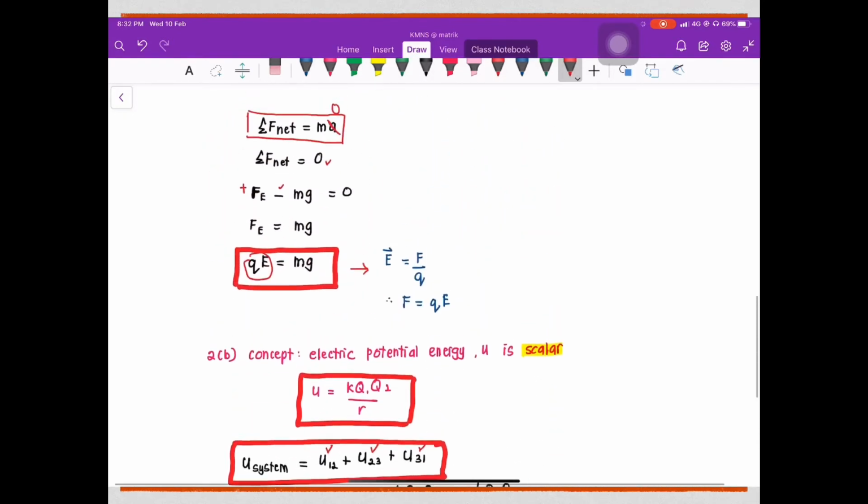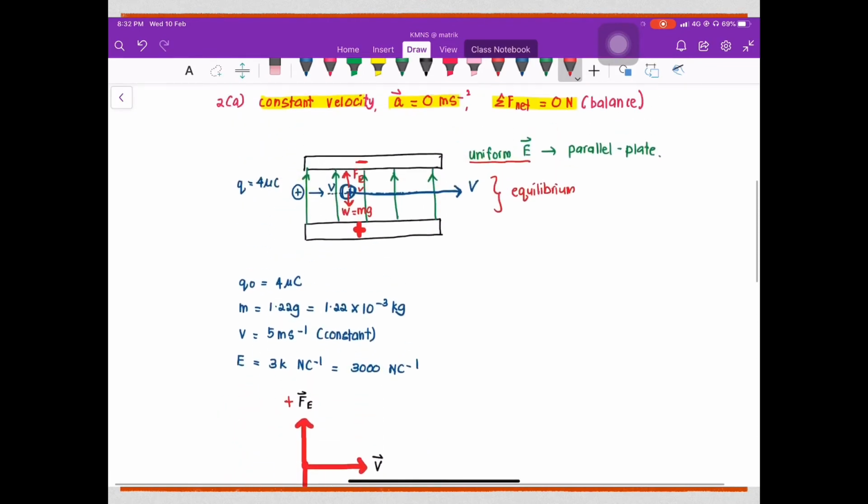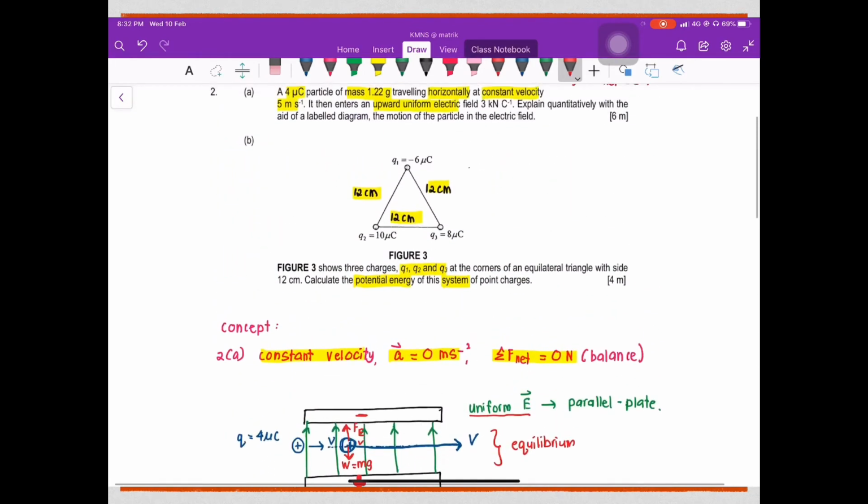Actually, refer to the diagram here. So we need to determine it cyclically: 1 and 2, 2 and 3, 3 and 1.